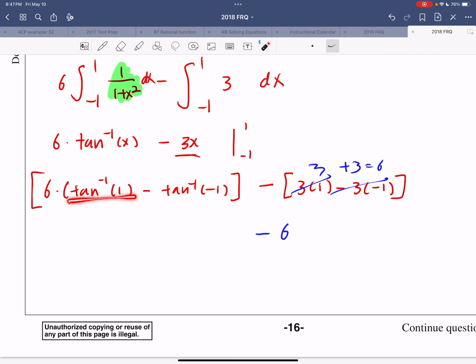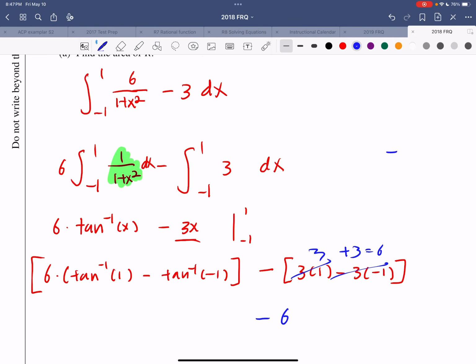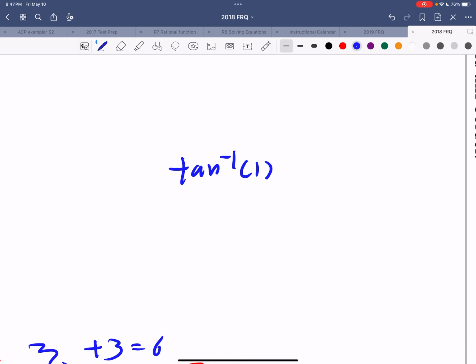But the problem is this. What's tangent inverse of 1? So what gives you 1? Now remember, tangent is sine over cosine, right? And in order to get 1, sine over cosine should give you 1, so top and bottom should be equal to each other.